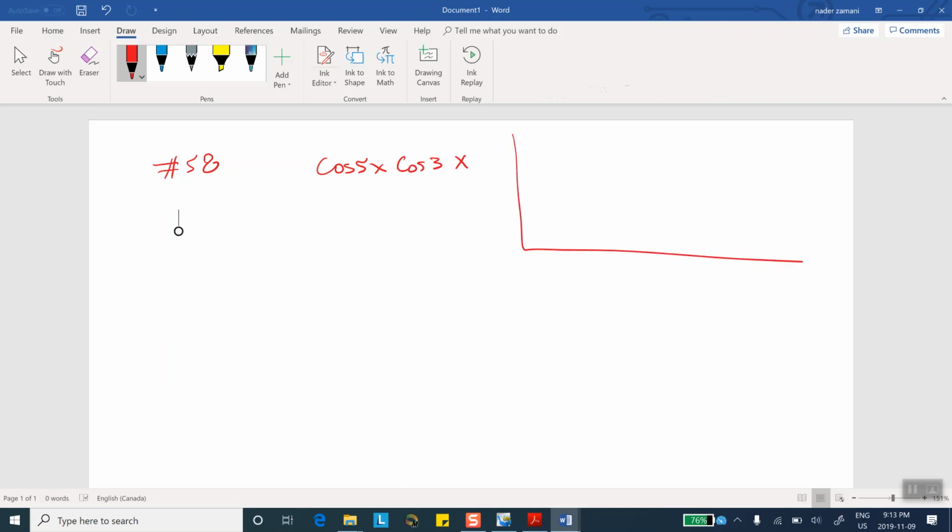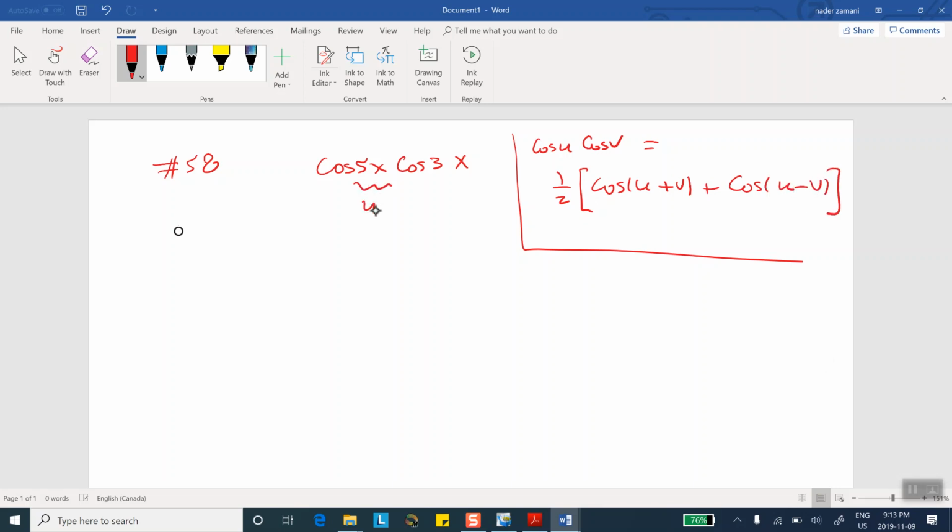And if you look in your table, the thing that looks like that is going to be cosine of u, cosine of v equal to 1/2 of cosine of u plus v plus cosine of u minus v.